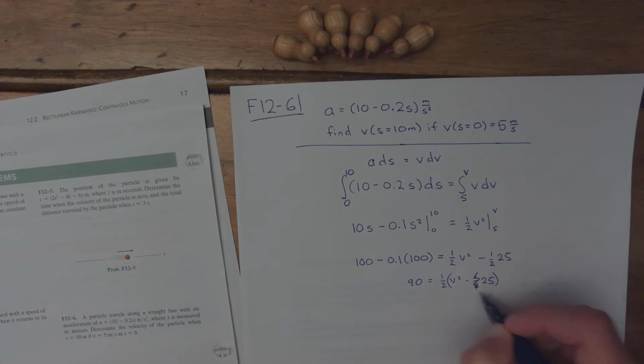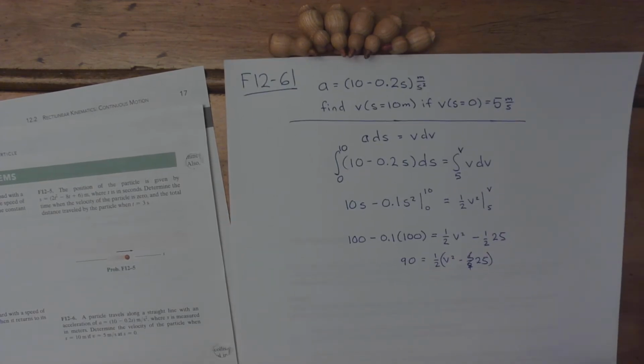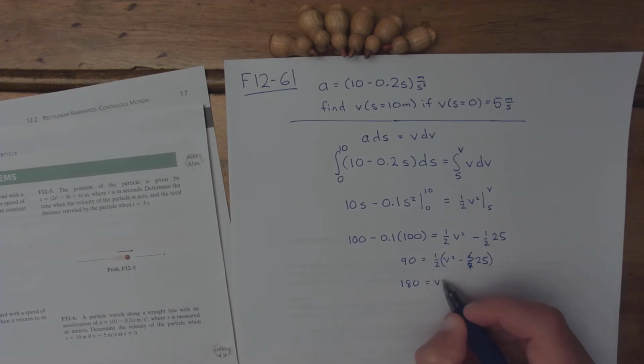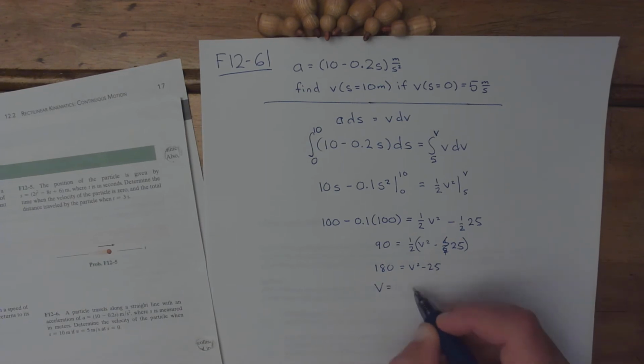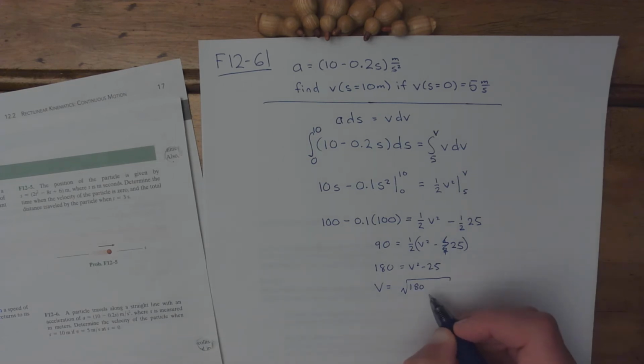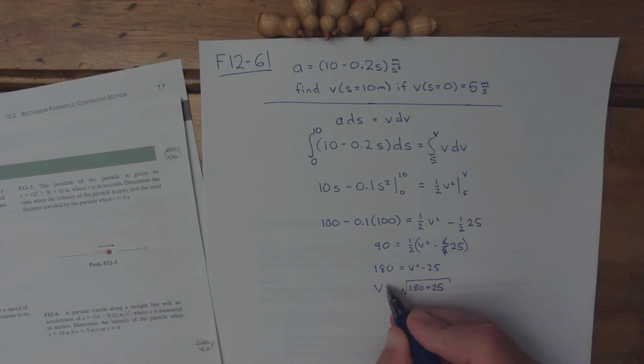Let's do that. Okay, and then I can multiply both sides by 2, and I have 180 is equal to v squared minus 25. And then I can bring the 25 over to the other side, so v squared was equal to 180 plus 25.